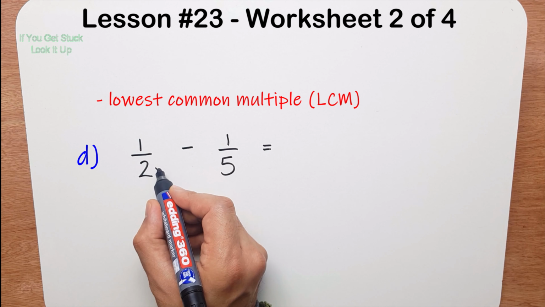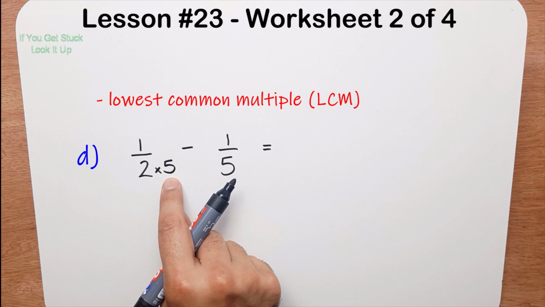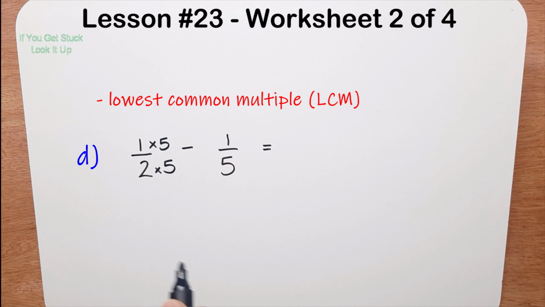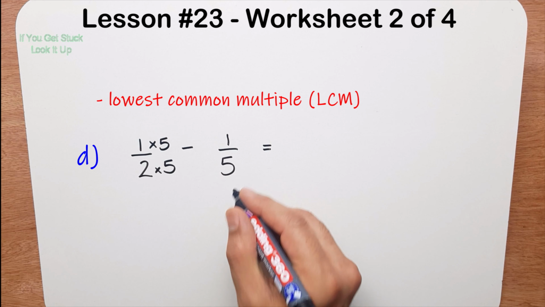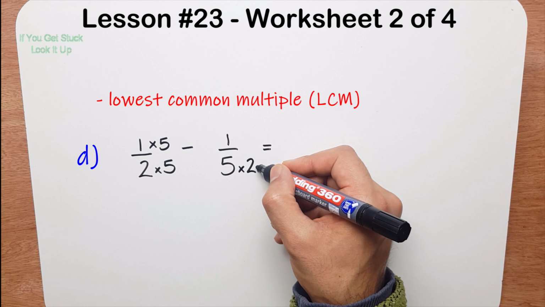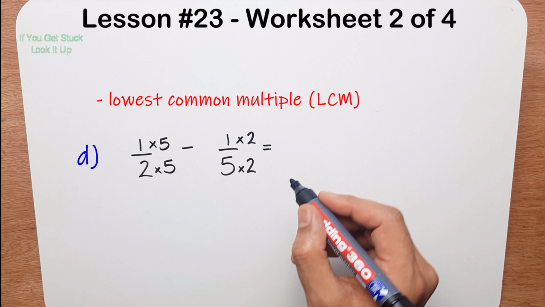So I can multiply the denominator by 5, and whatever I do to the bottom number, I have to do to the top number. I can turn the 5 into a 10 by multiplying it by 2, and whatever I do to the bottom number, I have to do to the top number.